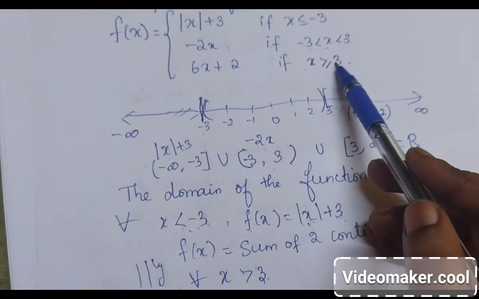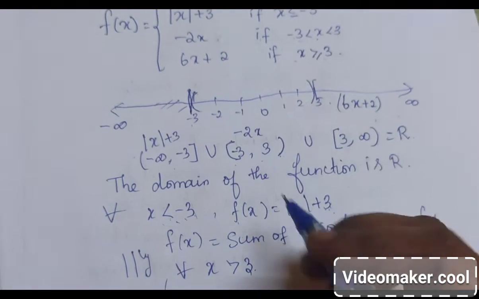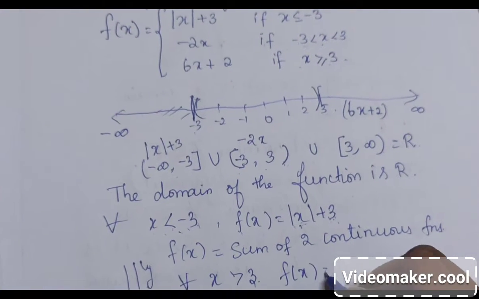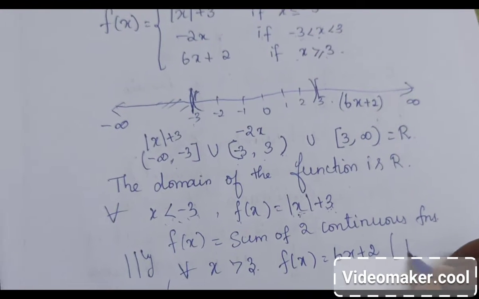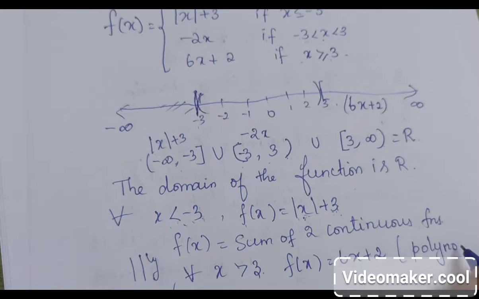For all x greater than 3, we have f of x as 6x plus 2, which is a polynomial. In particular it is a linear polynomial.